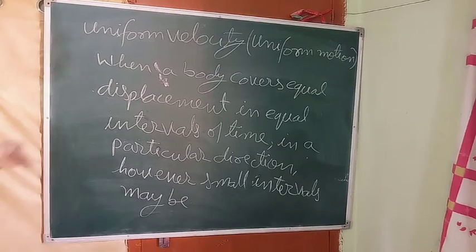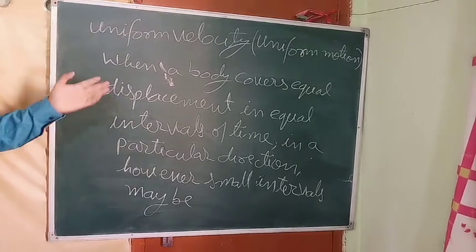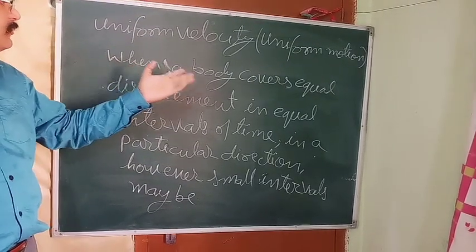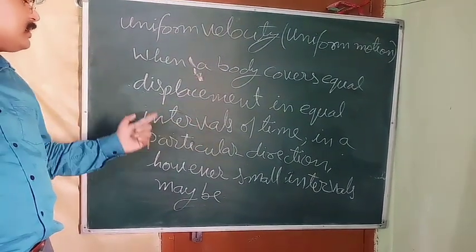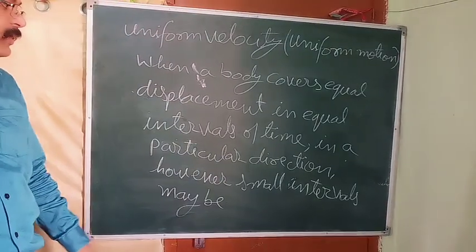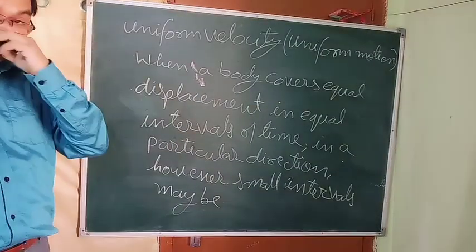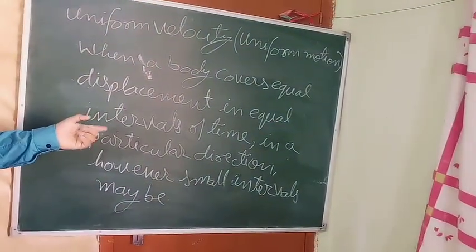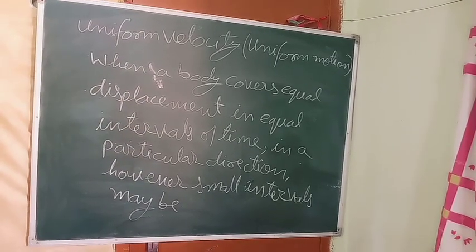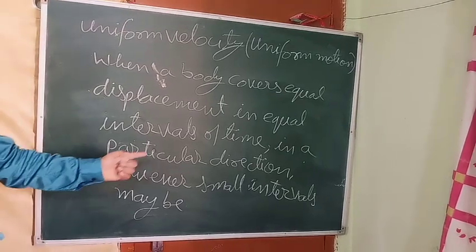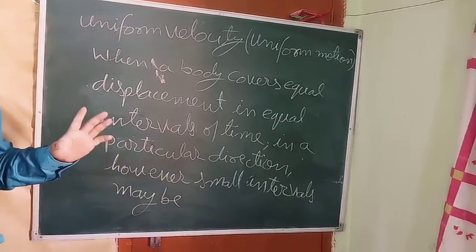Now see, we can say the body has got uniform velocity when a body covers equal displacement in equal intervals of time in a particular direction. Direction is very important. Direction is not changing, and the body is covering equal displacement in equal intervals of time. However small the intervals may be, this is very important.